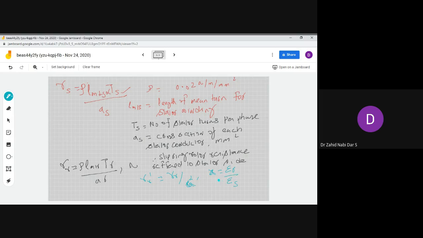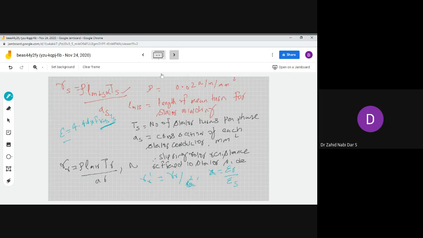This x square value can also be expressed in terms of turns: ER is directly proportional to KWR and the number of turns, because the EMF formula is 4.44 f phi KWS TS, so it is directly proportional to these terms.